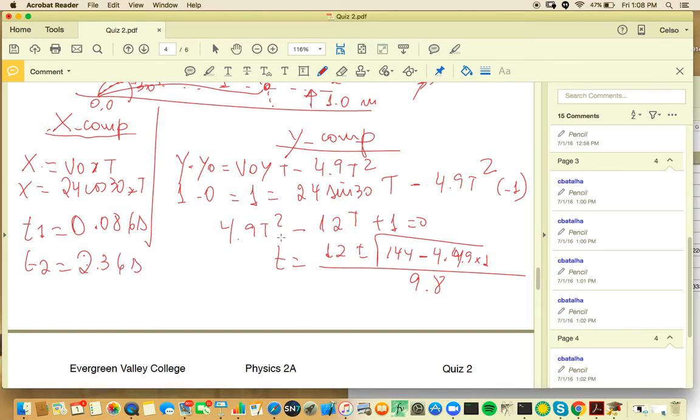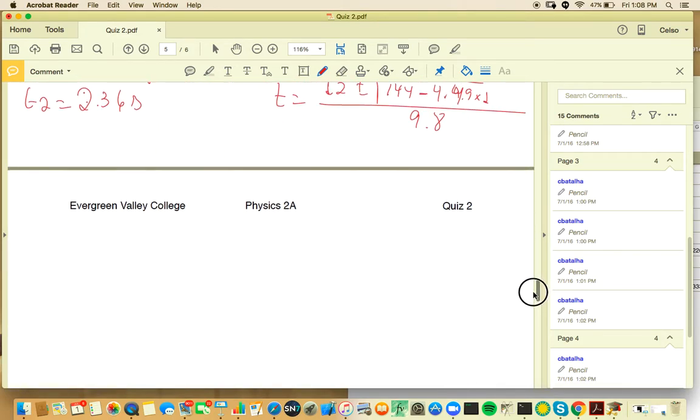So we found the two times the ball is 1 meter above.